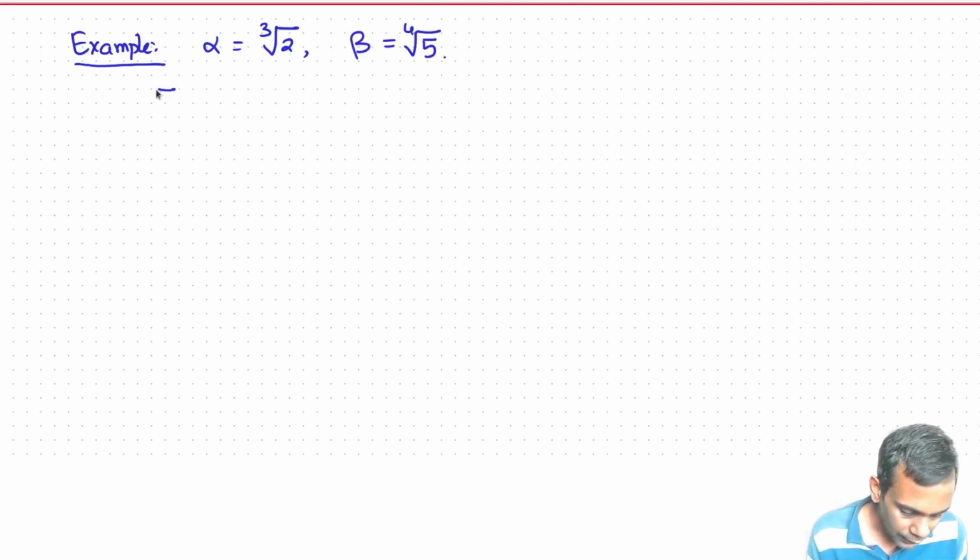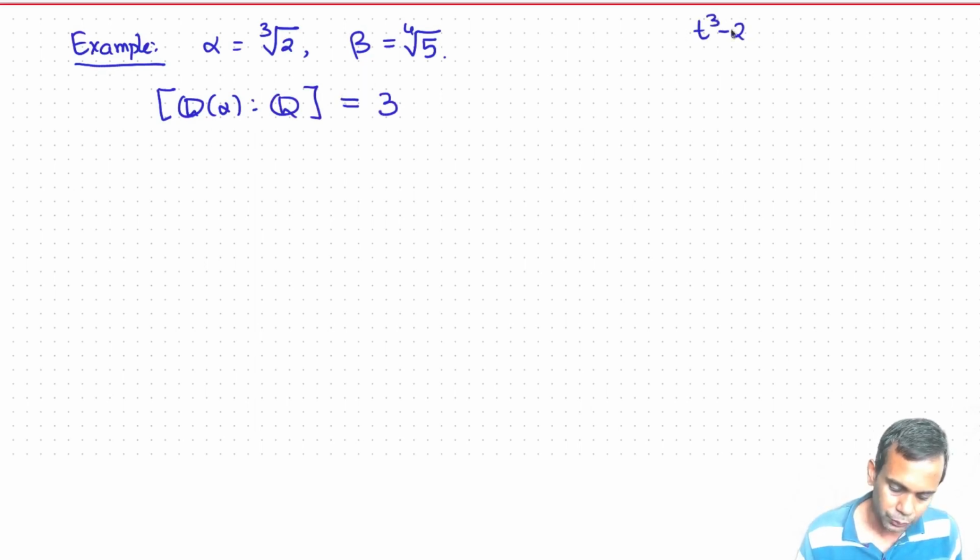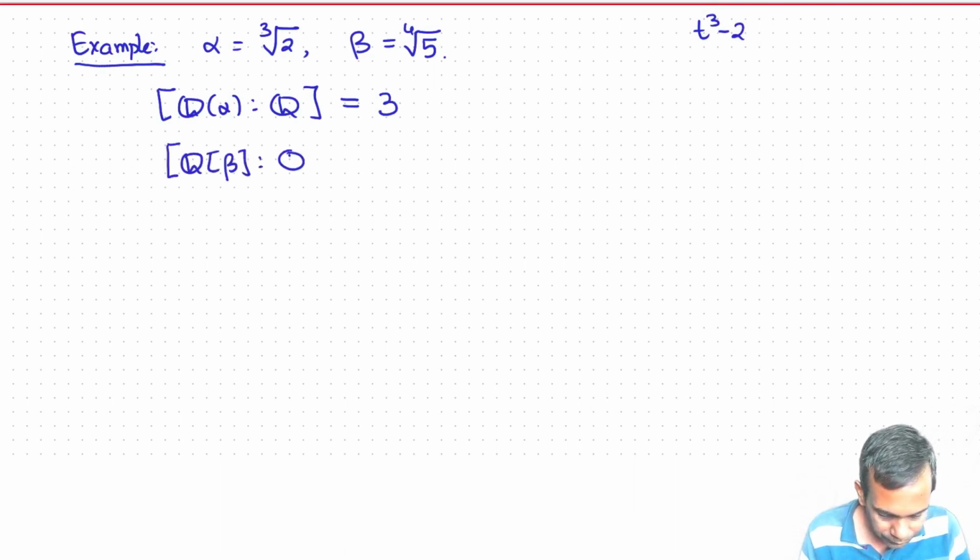Then we know that Q(alpha) over Q has degree 3, because alpha satisfies the polynomial t cubed minus 2 equals 0, which is of degree 3, and this is irreducible over Q. And we also know that Q(beta) over Q has degree 4, because beta satisfies the polynomial t to the power 4 minus 5.